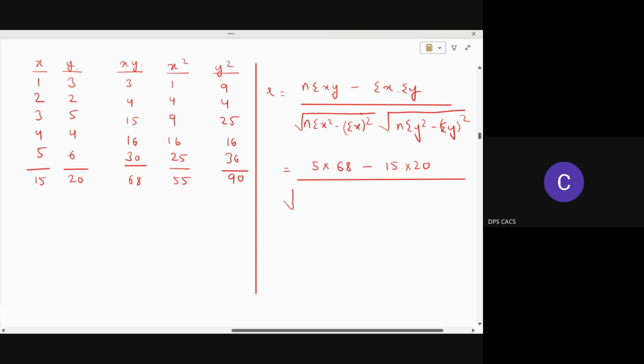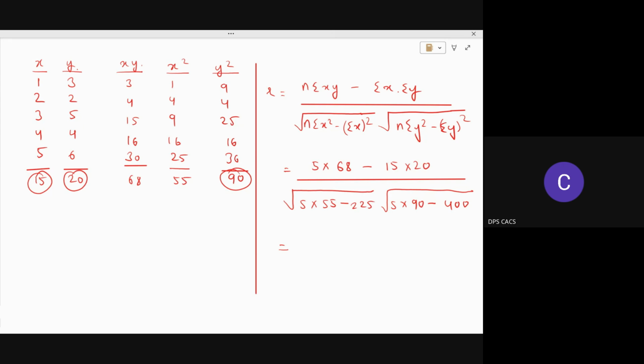In the denominator, in the first root we have 5 into summation x square which is 55, minus 15 square which is 225. In the second root I have 5 into 90, minus 20 square, which is 400. And now solve it, you will get your answer. 0.8 should be coming.